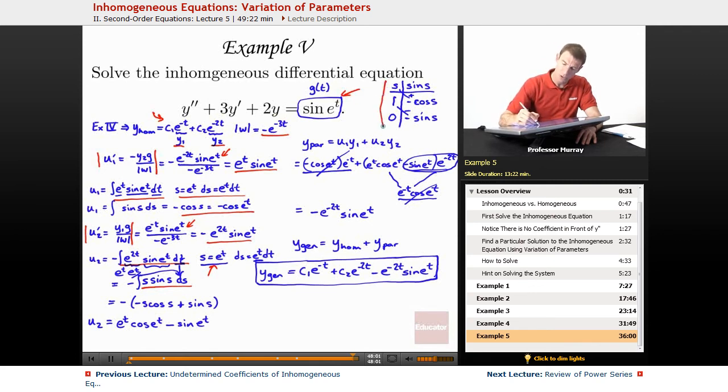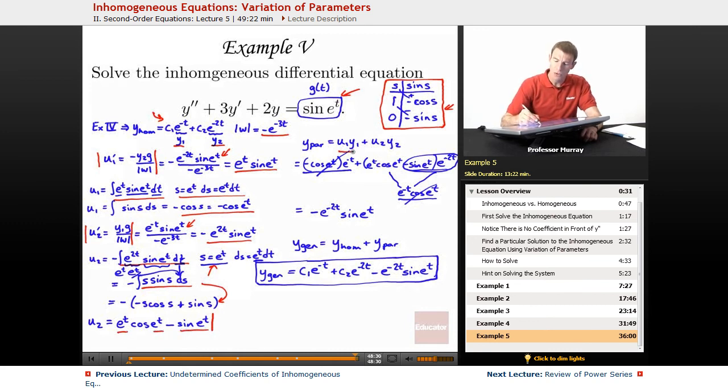And so that's what I was doing up here. This little table is doing the integration by parts to integrate s sine s. If that's fuzzy for you, you might want to go back and check the lectures for Calculus 2 here on Educator.com. There's a whole lecture on integration by parts where you get some practice with that. And so after we did that integration by parts, we substitute back and distribute the negative sign, s is e to the t, and we got our u2.